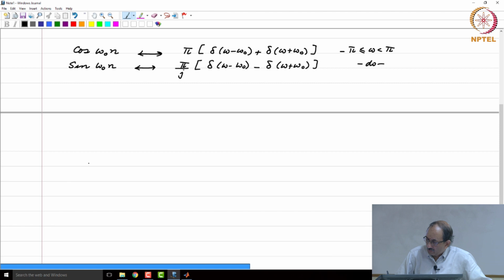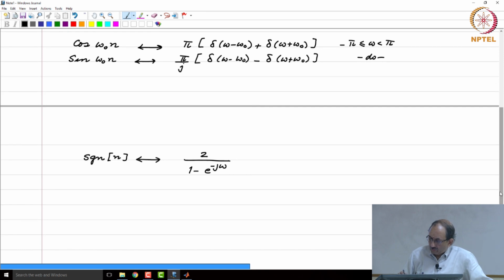And now, similar to what was done in the continuous time Fourier transform case, we'll look at this particular sequence, the signum function, and we'll show that this transform is 2 by 1 minus e power minus j omega.